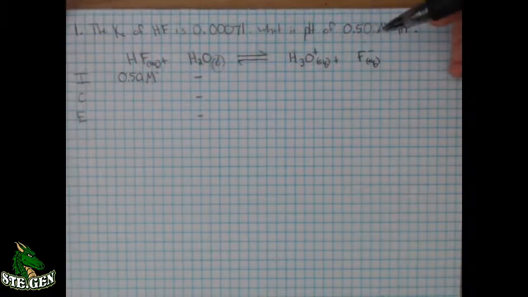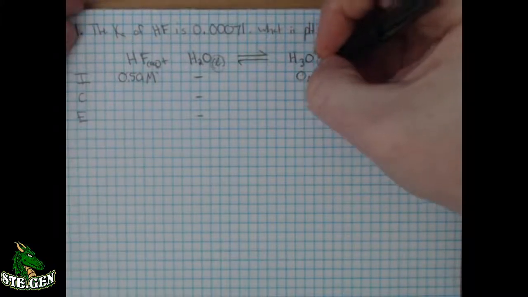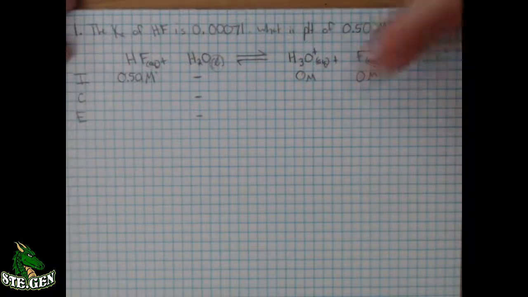Technically, we are going to use water, but it's also in an entire container of water, so the amount it's going to use is just not going to affect anything, and it doesn't affect the equilibrium, so we don't have to worry about it. We have no hydronium, and we have no fluorine. Technically, we would actually have hydronium in real life because the water would be forming it itself, but we're ignoring that. We're not going to worry about that.